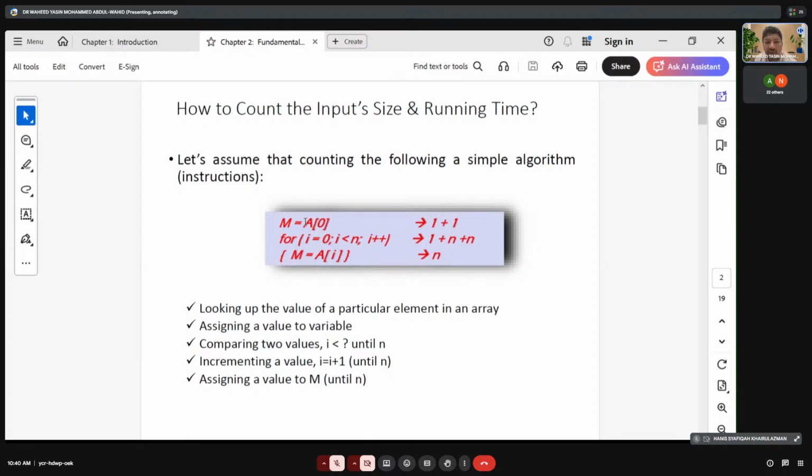So finding A[0] is one operation, and assigning it to m is another operation. So 1 plus 1, and here m equals A[i]. Here we have n, because we repeat this one n times.